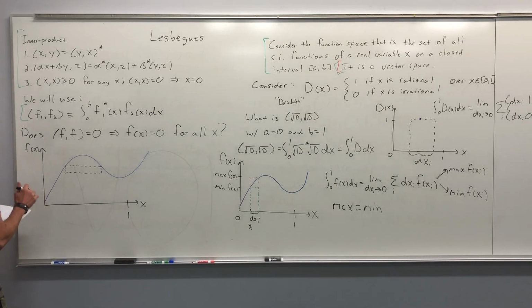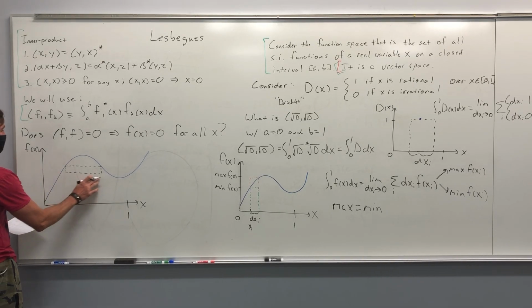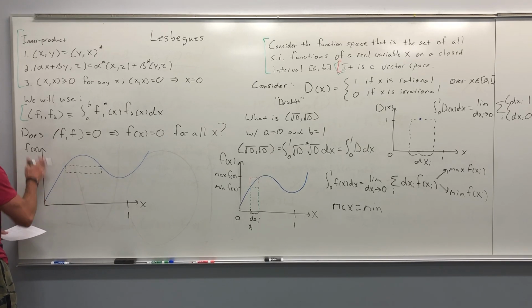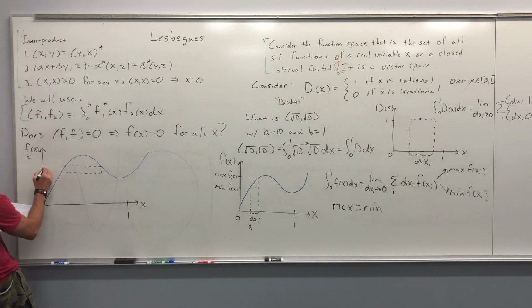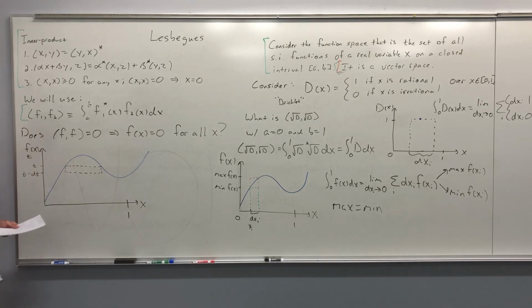Now, in this space, this is obviously the f of x axis, but we're also going to treat this as the t-axis, and then we're going to define the upper part of this rectangle as t, and the lower part of it as t minus dt.